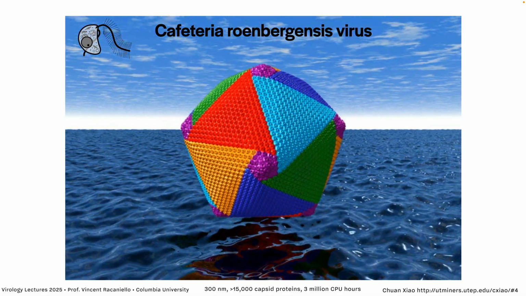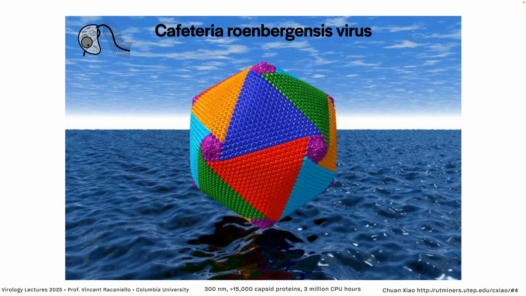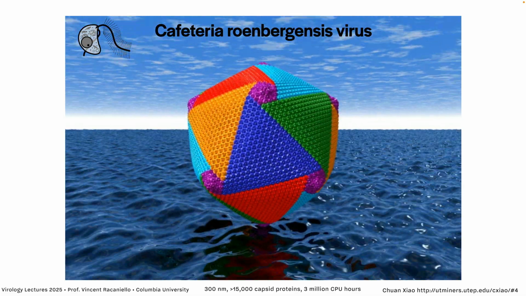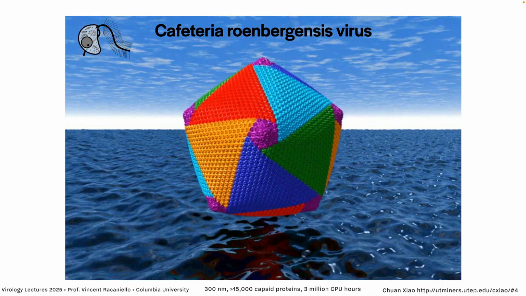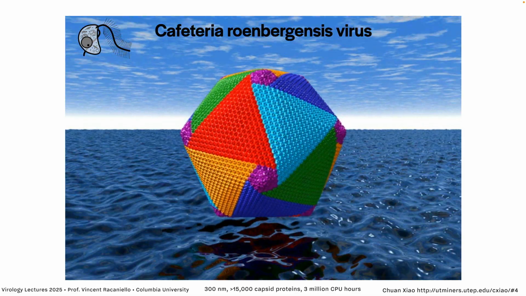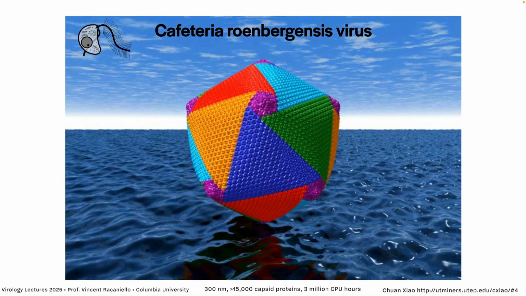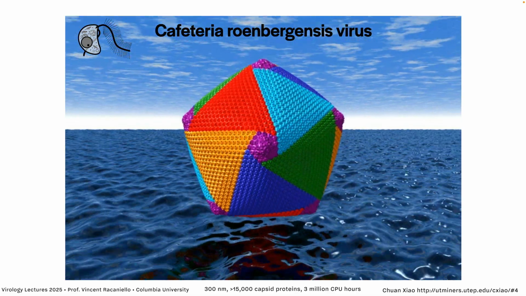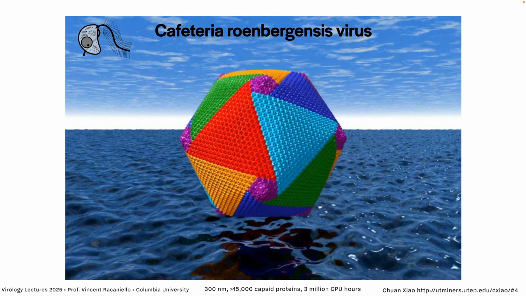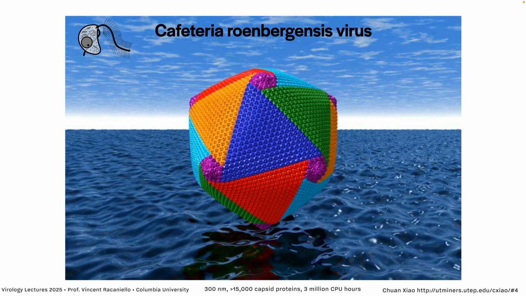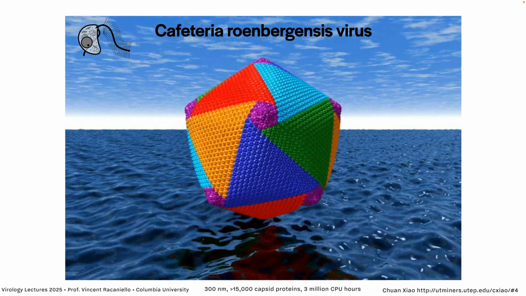And it's a 300 nanometer particle. It has 15,000 capsid proteins, and it took 3 million CPU hours to solve the structure of that particle. He did it by cryo-EM. So it's really, really remarkable what you can do nowadays with computational biology.